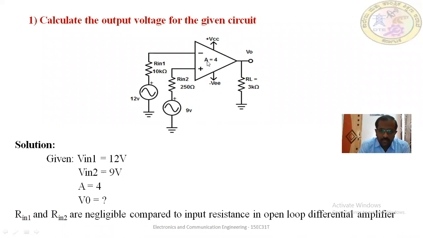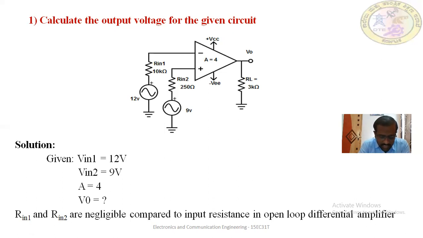Inside the block you can see A = 4, which is nothing but the open loop gain, so I write A = 4 here. Rin1 and Rin2 are negligible compared to the input resistance of the open loop differential amplifier.